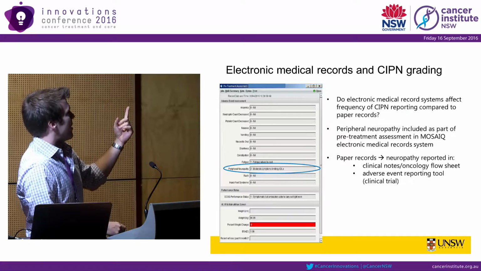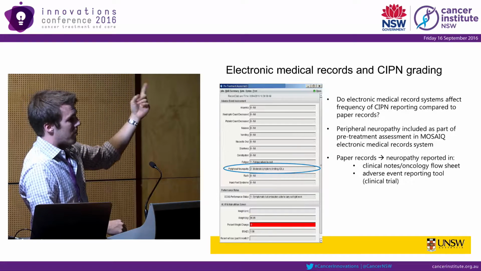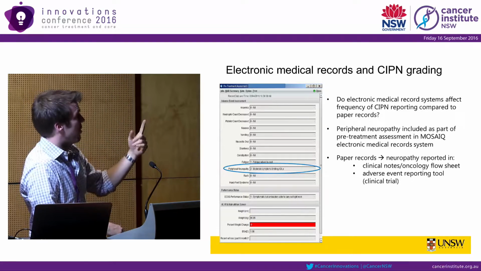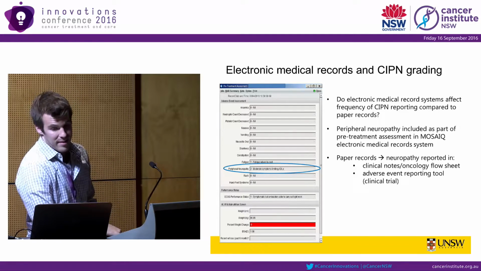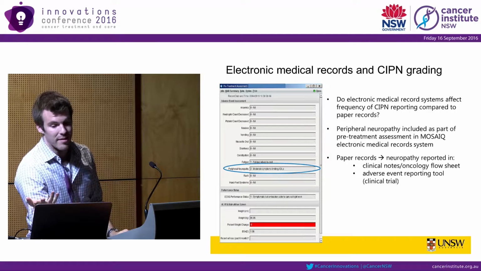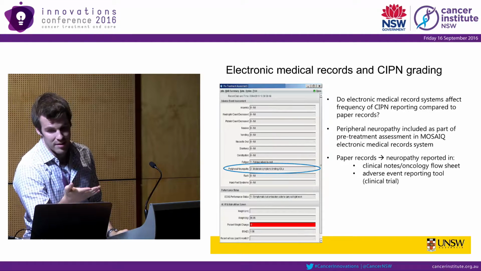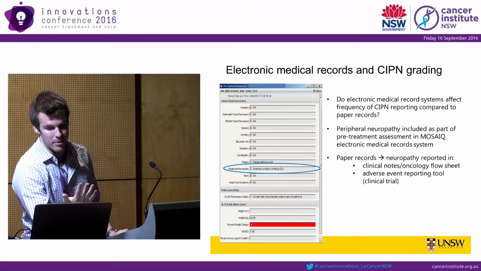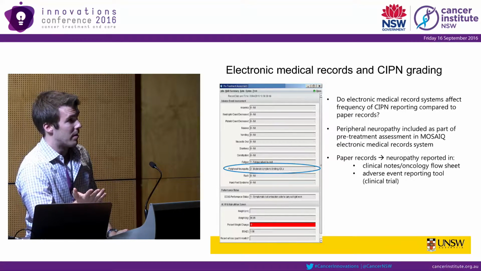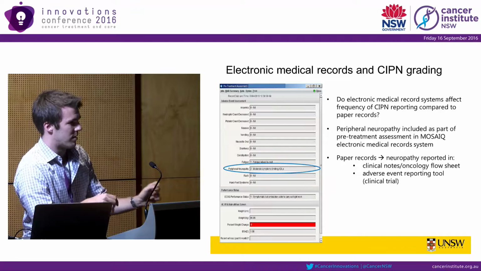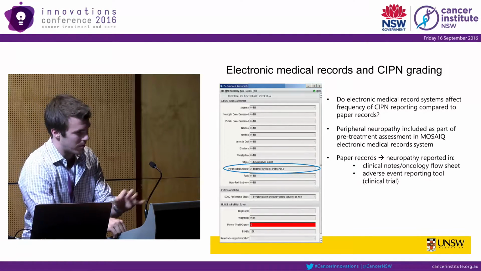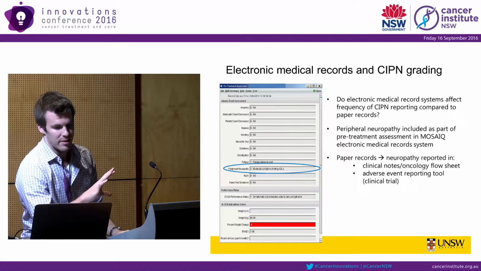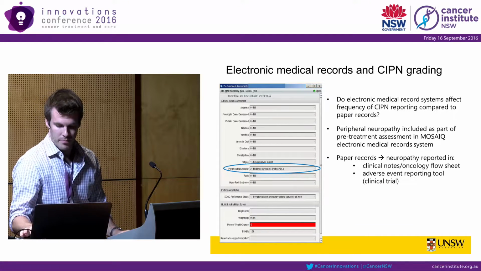However, at each cycle of chemotherapy treatment, there is a box for peripheral neuropathy where usually the nurses can input the peripheral neuropathy grade at the time of chemotherapy treatment. The question here is, do electronic medical record systems such as this affect the frequency of CIPN reporting compared to paper records, where clinicians and nurses often have to free write grade 1 neuropathy or neuropathy affecting function, versus having some sort of tool like this?